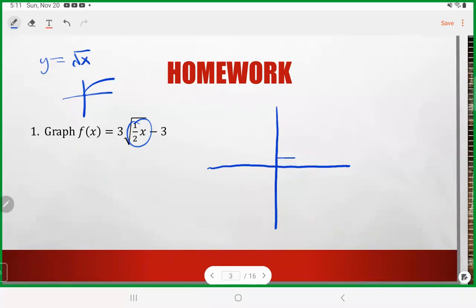Yeah, after compressing, we had to kind of expand it vertically. Yeah, so these are the values for the original graph. It's (1, 1), then (4, 2), and then (9, 3), right?